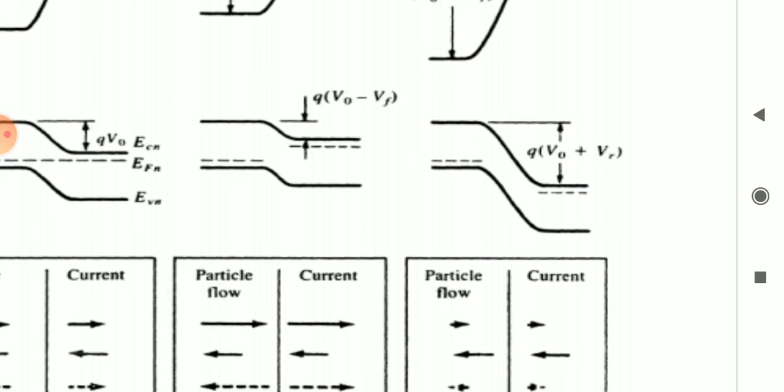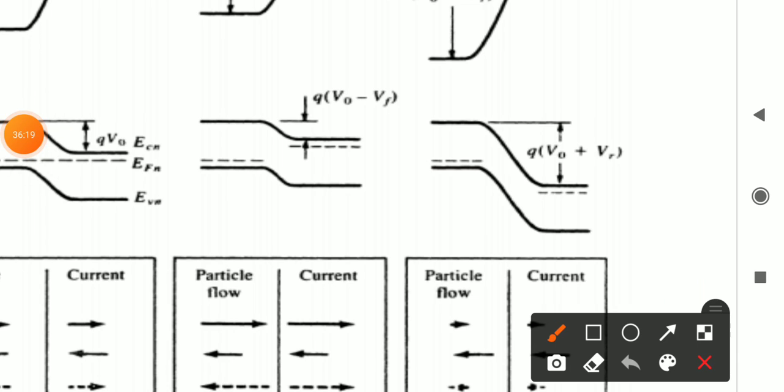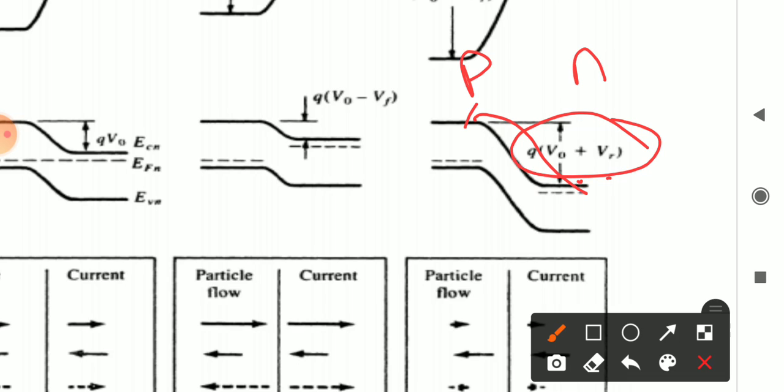Now what we can say is that the electrons present in the N region have to gain this much of energy to cross this depletion region and move to P region. That is what it says, Q times V0 plus VR.